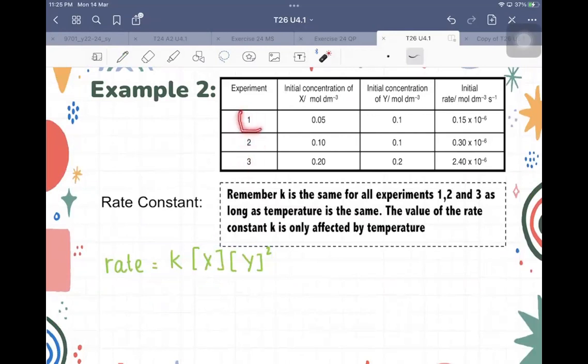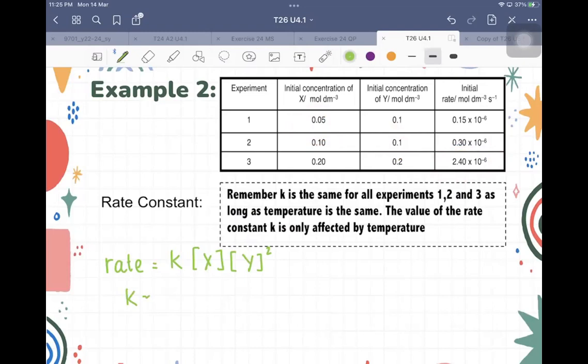Remember that if you choose experiment 1, you have to use all the data from experiment 1 only. You cannot mix and match and say, I'm going to use the concentration of experiment 1 for X, and then for Y the concentration from experiment 2, and then the rate from experiment 3. That is not right. I am just going to choose experiment 1.